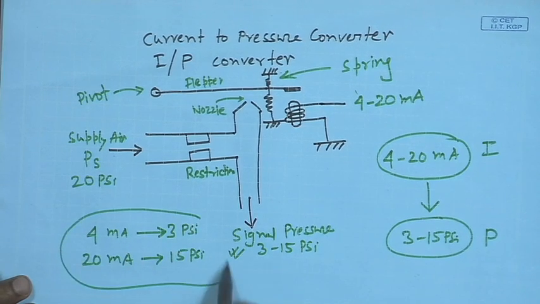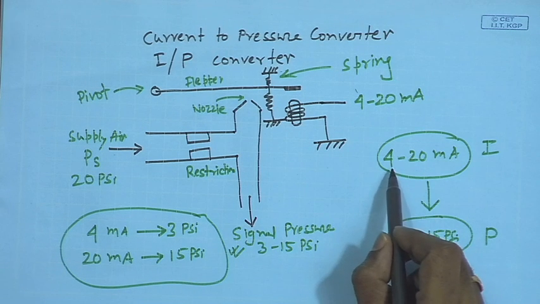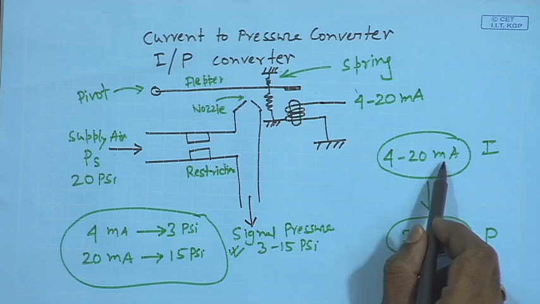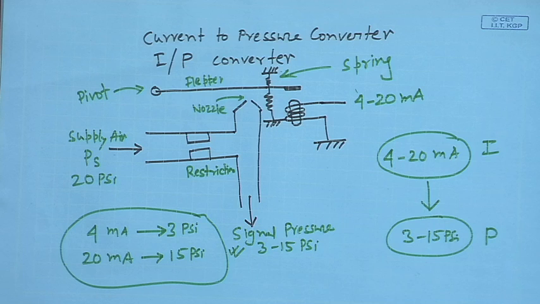So, I can convert a current signal between 4 to 20 milliampere to a pressure signal between 3 to 15 psi.